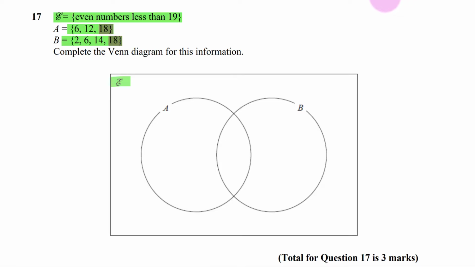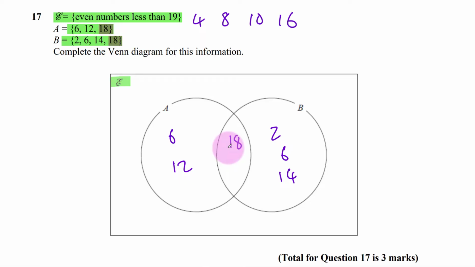So that would suggest 18 goes on the inside. A has 6 and 12, and B 2, 6 and 14. Now it says that's all the even numbers less than 19, so remember what even numbers are missing: 4, 8, 10 and 16.